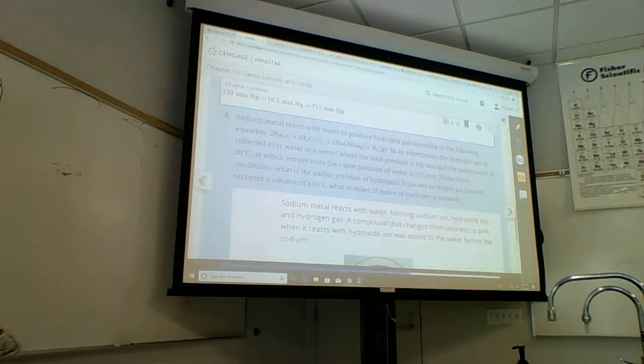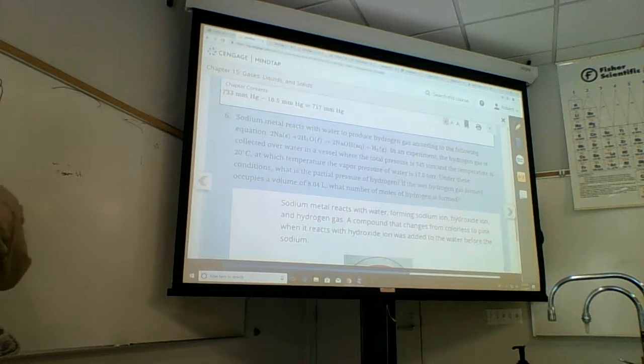This is going to be wet hydrogen. Wet hydrogen is hydrogen and water, H2 and H2O gas, water vapor. The total pressure is 745 torr. So the pressure of this mixture is 745 torr.